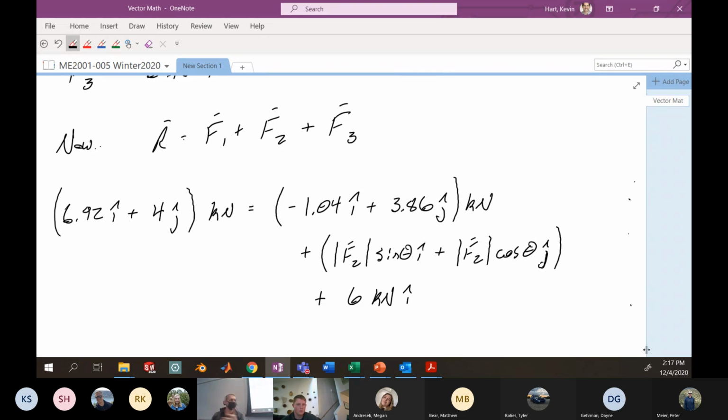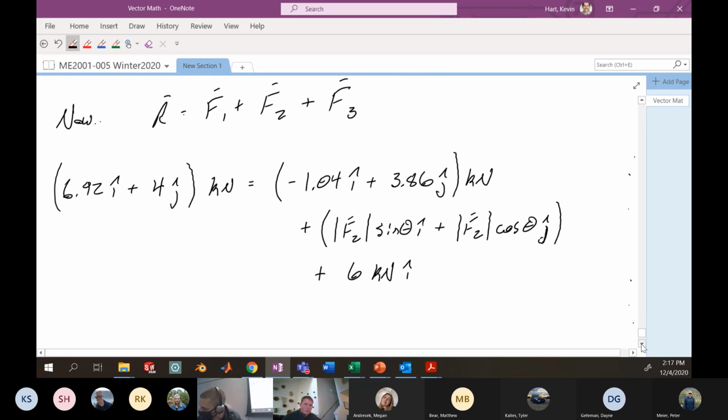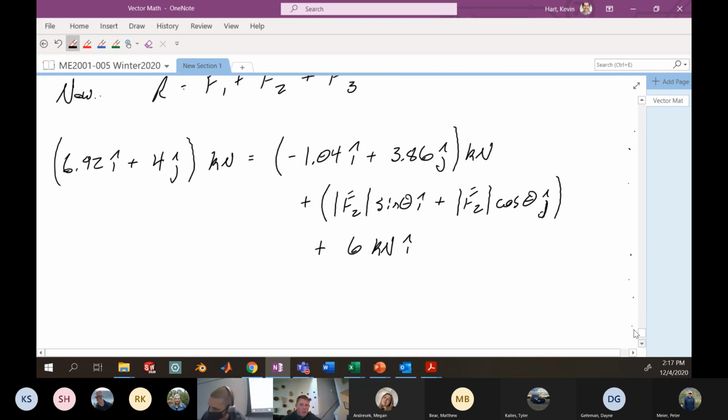Whatever's going on in x is independent of what's happening in y. Same idea in the y direction. I can scale and look at changes in values of y without affecting anything in the x direction. So we'll make a note here that these orthogonal directions are independent of each other.